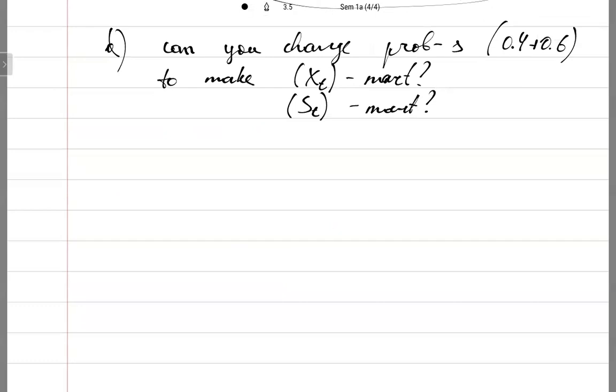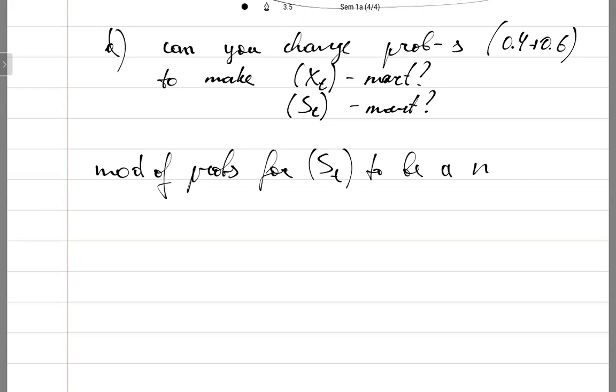Well, for ST, it seems straightforward. We may actually think of the probability as 0.5, 0.5. Yeah, for ST, that's easy. I agree completely. If you consider the following modification of probabilities for ST to be a martingale, that's more or less easy.